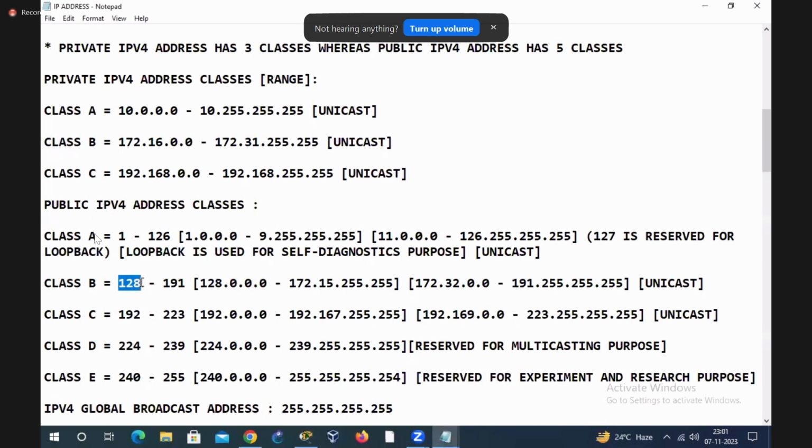See, what you are seeing, the starting range, is the first octet value. But an IP address is about 4 octets, correct? So what value you see here is the first octet value, and this is your last octet value. That is not the full address, it is giving the first octet only.